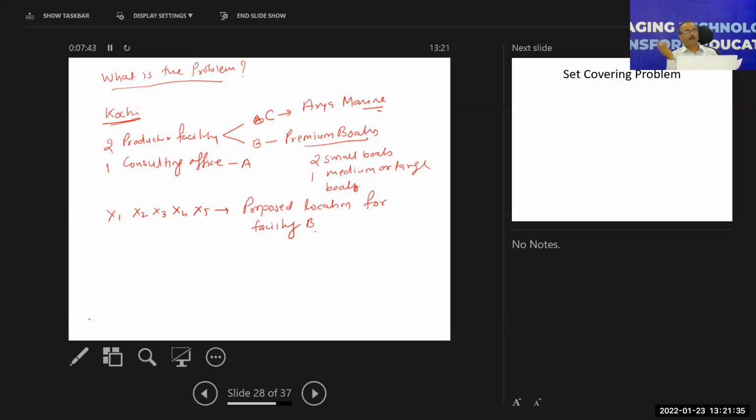So he is looking for a new location. So these are the 5 potential locations which are available. In Exhibit 2, we have given the data in terms of the distance between each location or combination of locations.